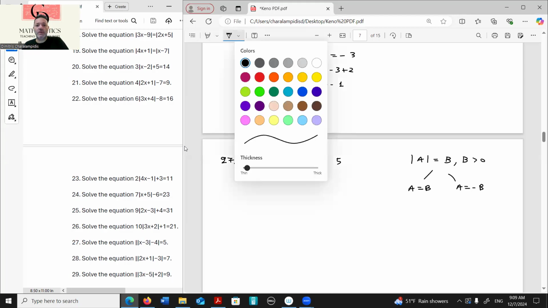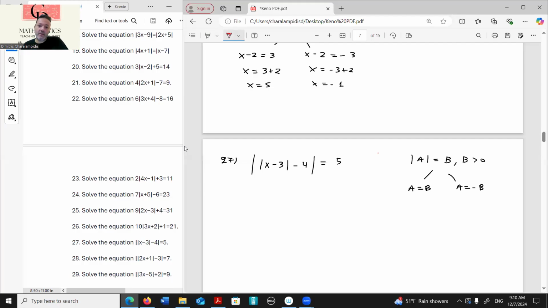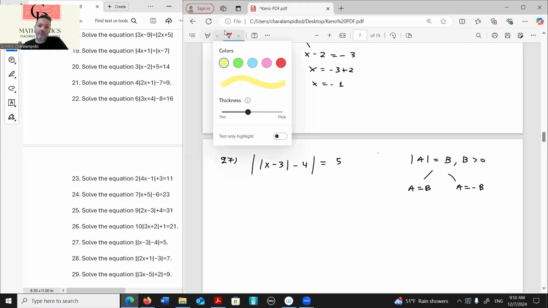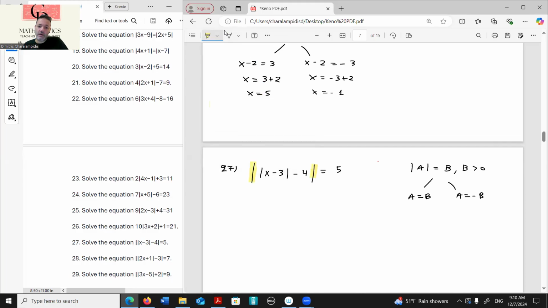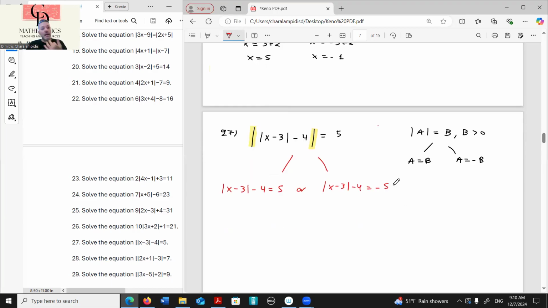So what I'm going to do is, by thinking that we have this absolute value first, I'm going to split that into two different cases. The expression inside of the yellow absolute value is either equal to 5 or equal to negative 5. Now I need to solve each one of these separately.